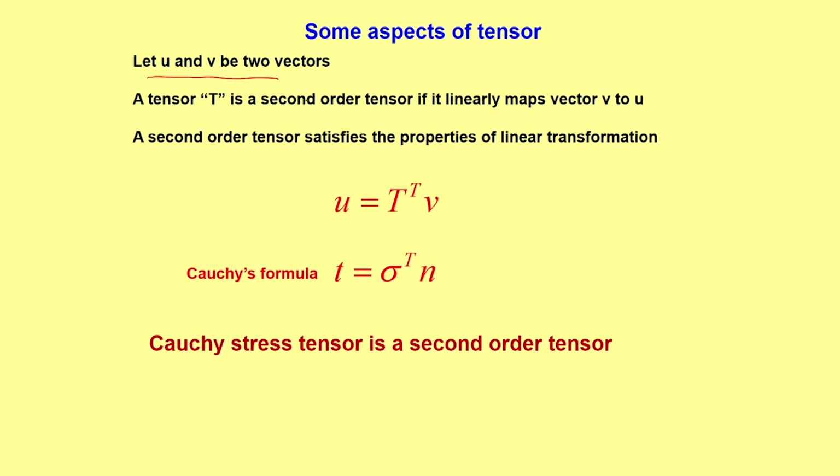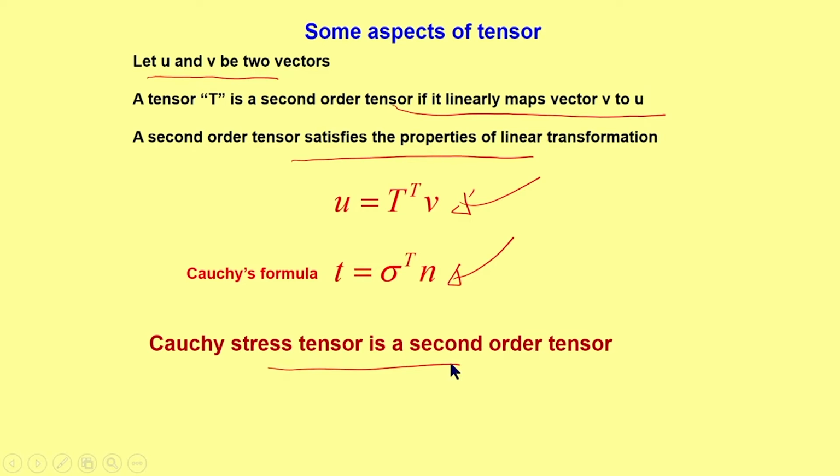A tensor T is a second order tensor if it linearly maps vector v to u, and the second order tensor satisfies the properties of linear transformation. So, T maps v to u, or there is a linear mapping of v to u. If you compare this with Cauchy's formula, it is more or less the same thing. That is how we define that Cauchy stress tensor is a second order tensor.